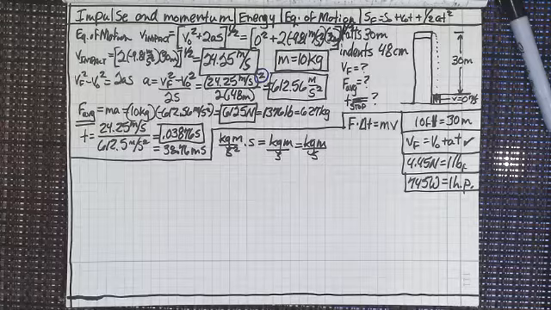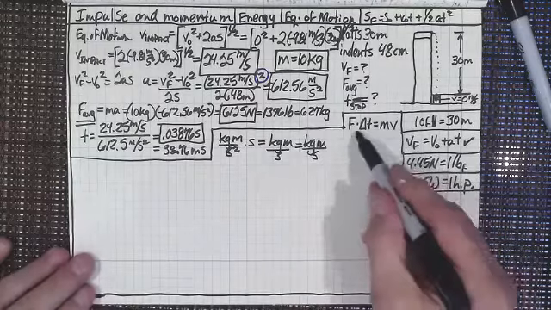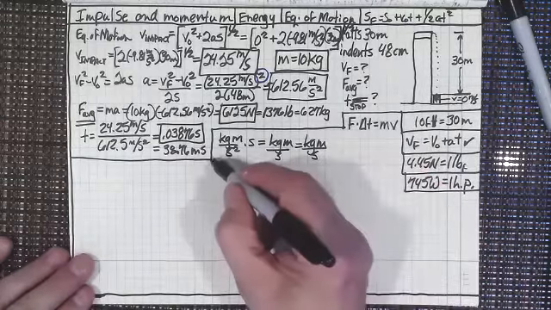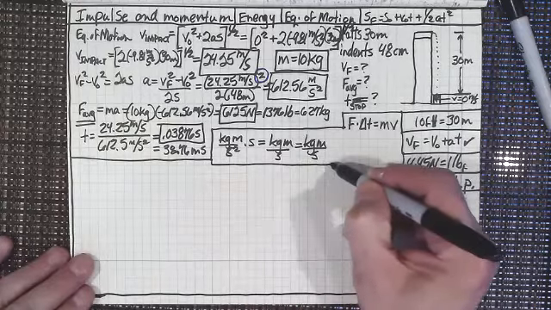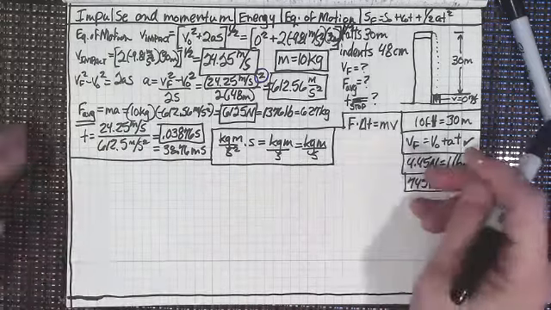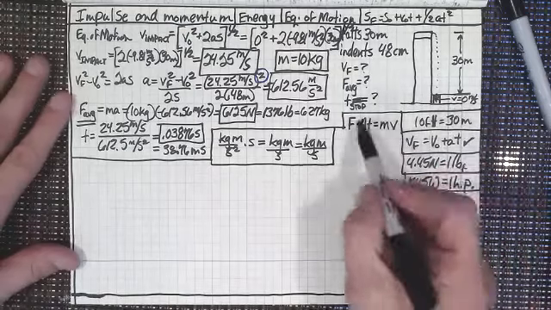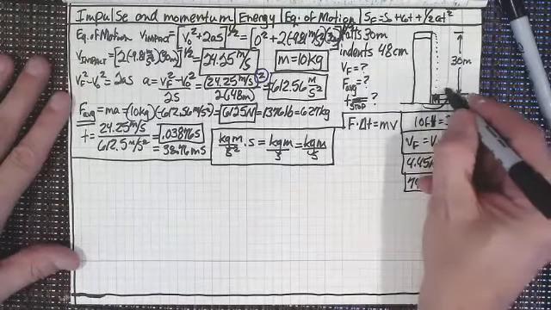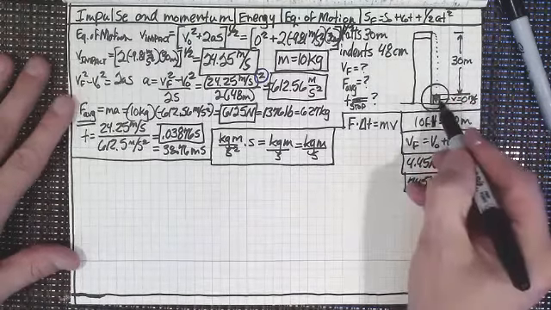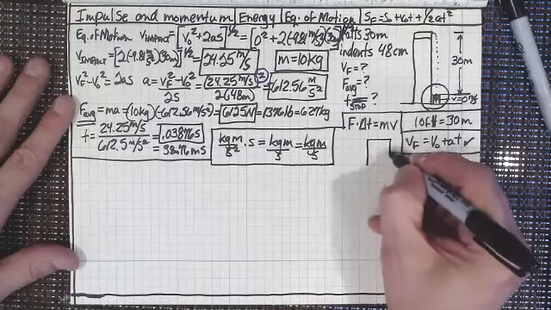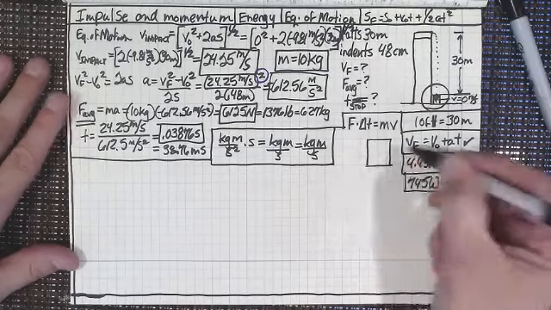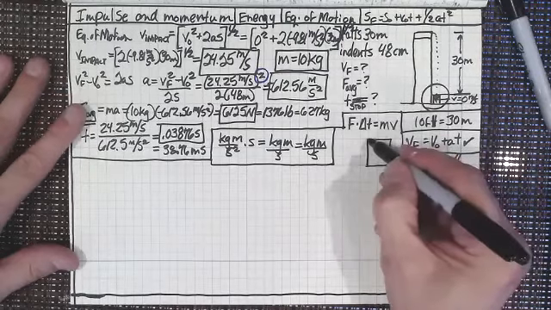Now, let's look at this in another analysis using impulse and momentum. What is our force? Let's just look down here. Here's my original air conditioning unit. The brick, did I say brick?